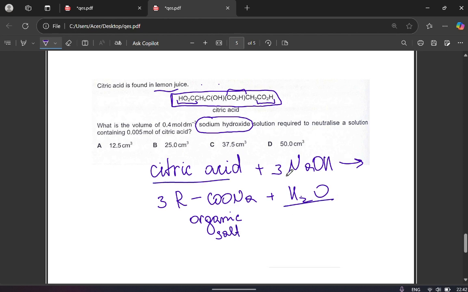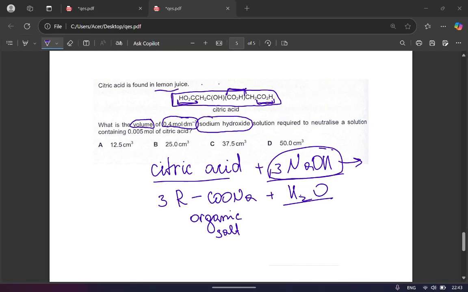So you see that we are just having a neutralization reaction. And since we have 3 functional groups of acid, as I've said before, sodium hydroxide reacts only with these 3 acid groups. So now, the question asks to find the volume of sodium hydroxide of this concentration.